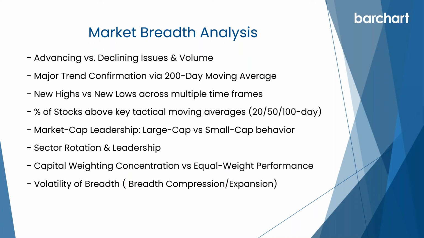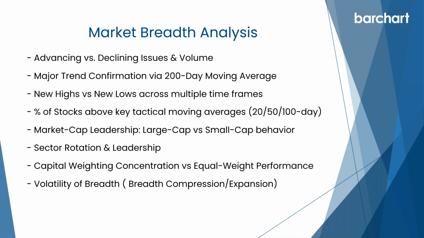We're going to look at a majority of these and how Barchart not only provides information on these, but I'm going to show you ways to interpret that data and a checklist of importance and priority. We're going to look at the 200-day moving average, new highs and lows over multiple time frames, and the number of stocks above tactical moving averages. We'll look at market cap, largest versus small, and what that leadership could mean to us.